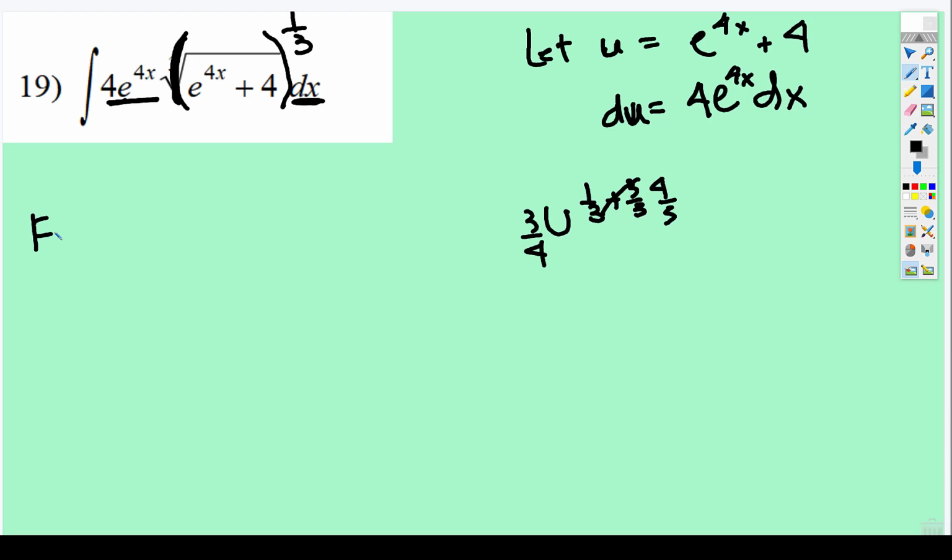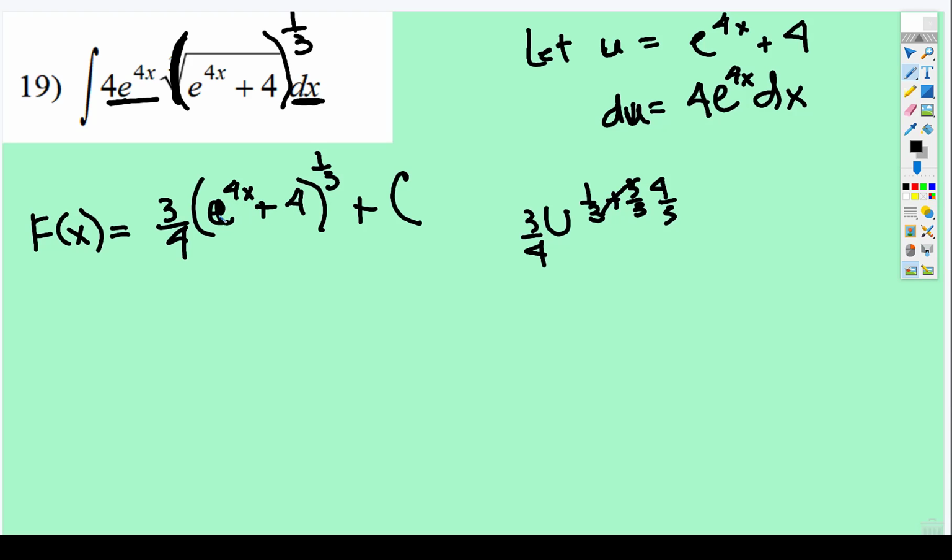All right, so f of x is equal to 3/4 times u to the 1/3, and then inside the parentheses is e to the 4x plus 4, and that should really kind of be a crooked e, just like that.